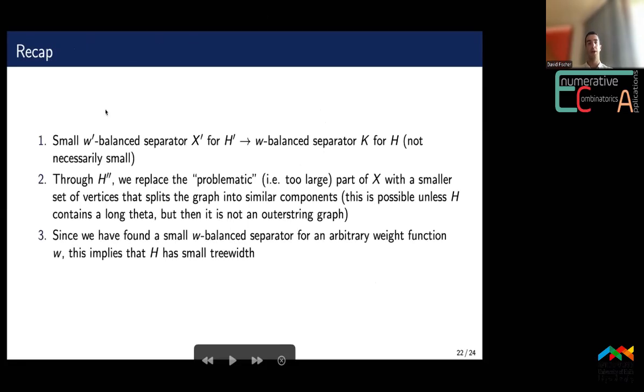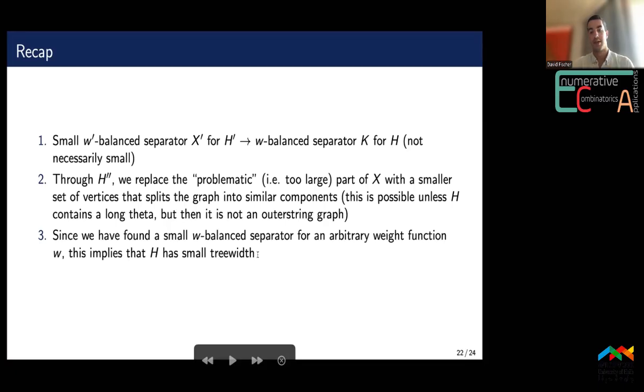So to recall, we found a balanced separator for H prime, and we used it to get a separator for H. And then using that, we split our separator into a good part, a bounded set, and a bad part. And then using H prime, we showed that if we can't replace the bad part by a small part, it has to be because there's a long theta in H, but that would imply that H is not an outer string graph.